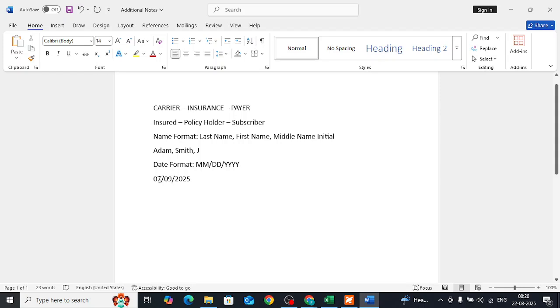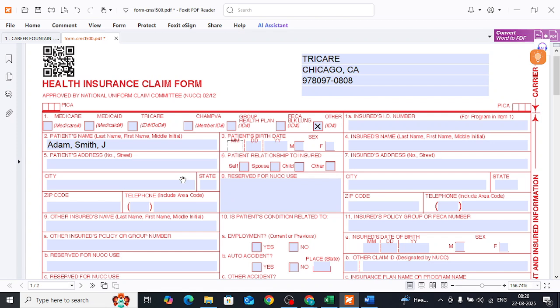That is wrong, because the first part is the month. July 9, 2025 is the correct date. Otherwise, they will say there is no claim on file. This is the date format all over the US: MM/DD/YY, for example 7/9/2000.